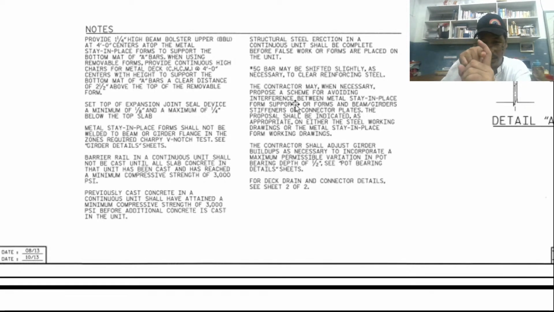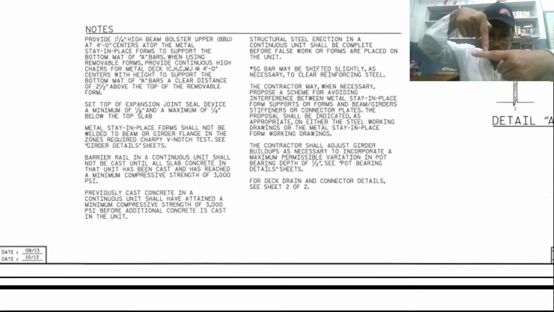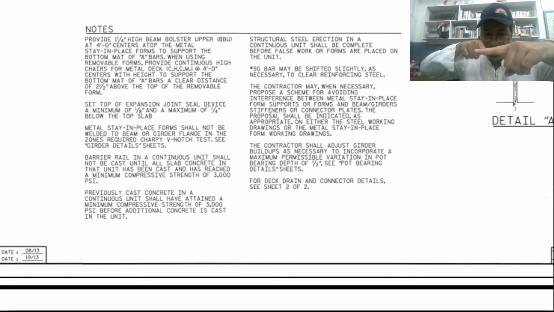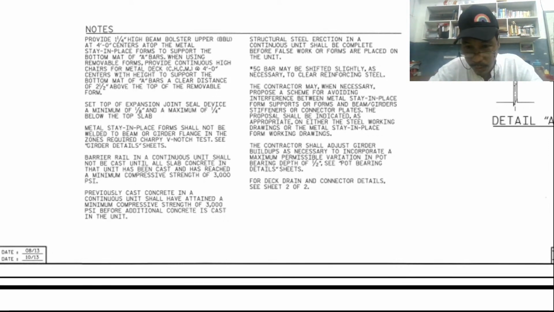Can you see this? Instead, it is an obstacle, so shift it slightly. That is what we mean by shifted slightly. So shift it slightly like this so that the other reinforcing bar can pass through. That is what we mean by that.